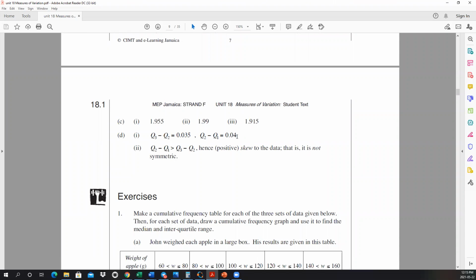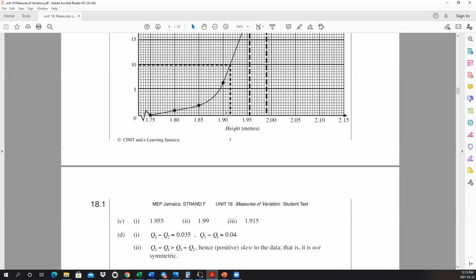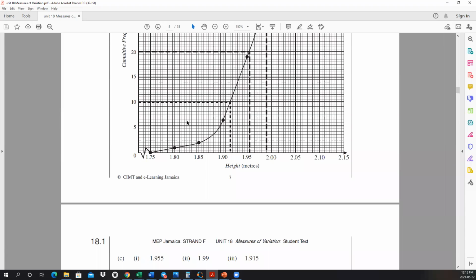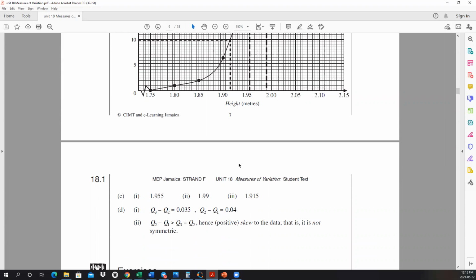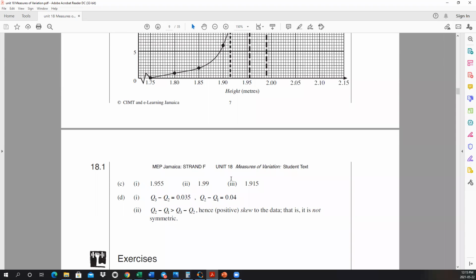The difference between these two numbers versus these two is bigger.